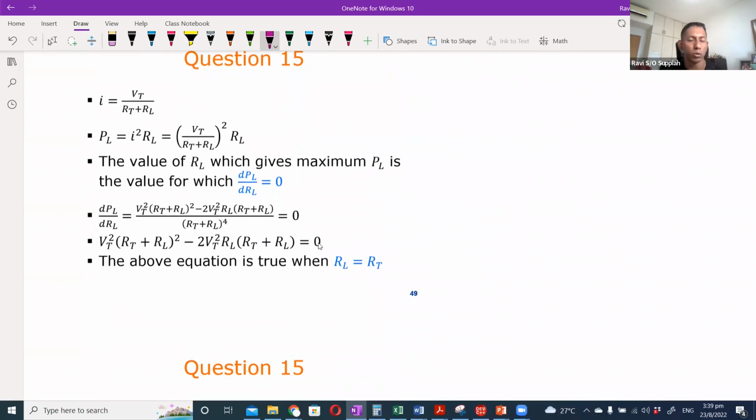This is nothing more than your quotient rule for differentiation. When I apply that rule and simplify, eventually what I get is this. This is quite significant: the maximum power is transferred to the load only when the load resistance is equivalent to the Thevenin's resistance.